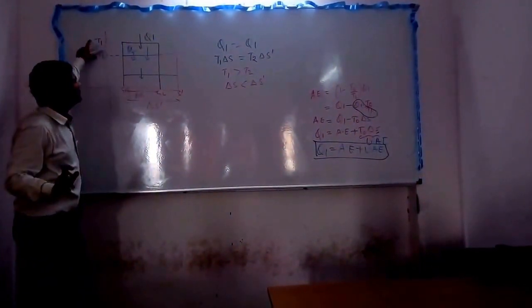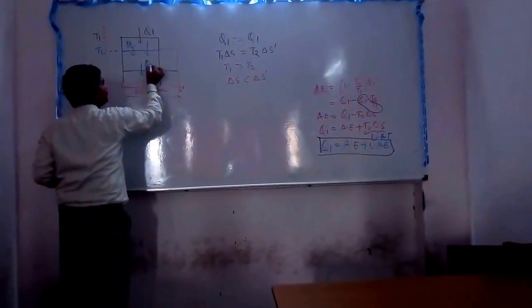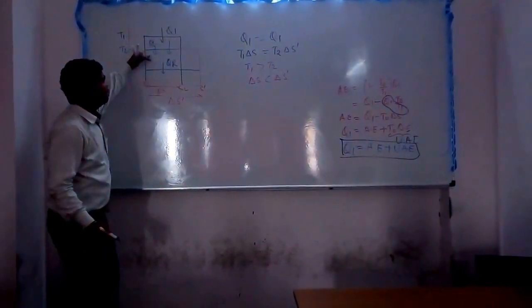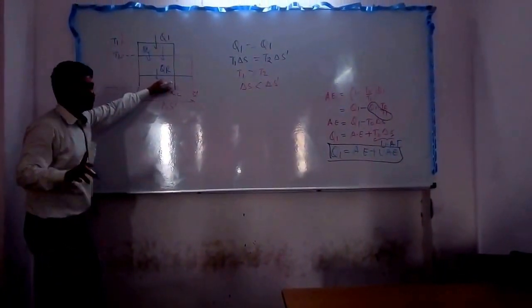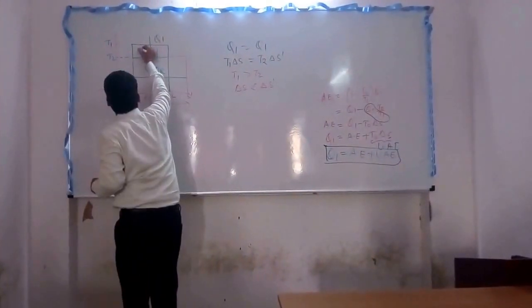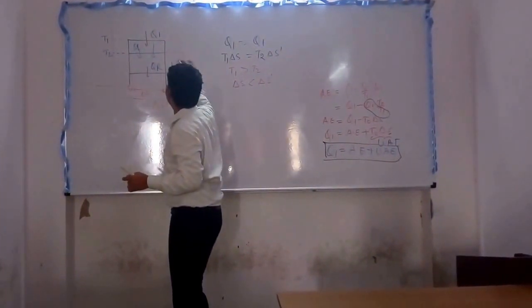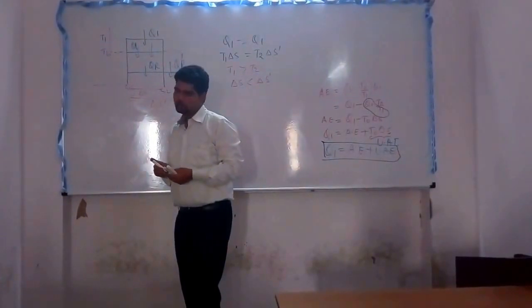We are just supplying at a different temperature. Whatever the rejection, if we are supplying heat Q1 at temperature T1, this rejection is QR. If we are supplying this heat at temperature T2, let's suppose the rejection is QR dash.